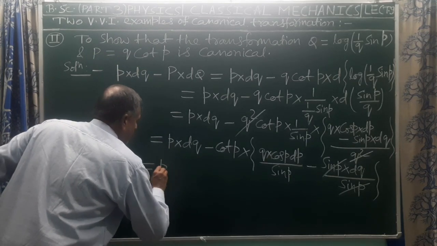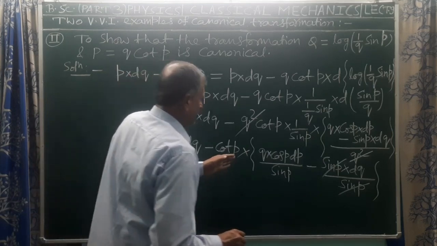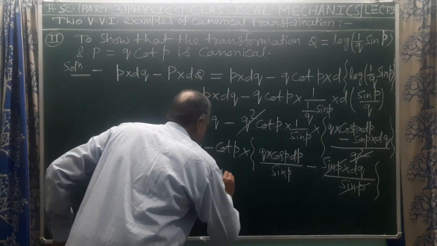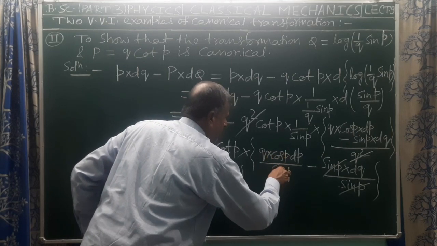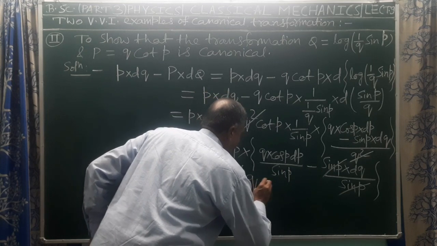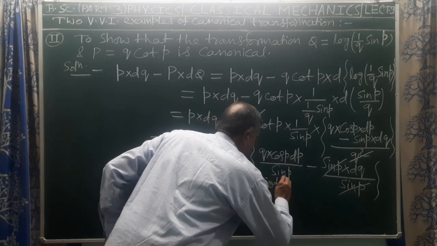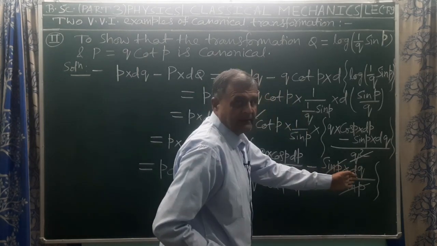Now we can write small p into dq minus cot p, and inside the bracket it is q upon cos p upon sin p, that is cot p. So it is small q cot p into dp minus the second term, which is only dq.